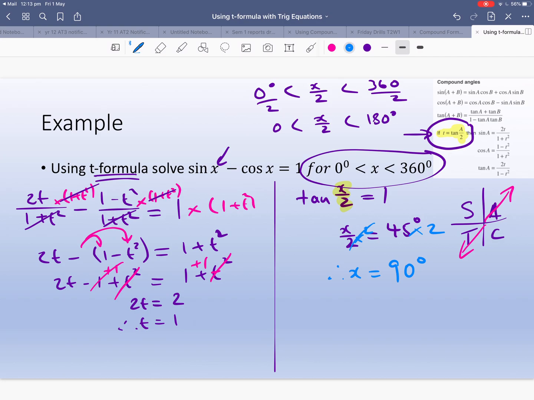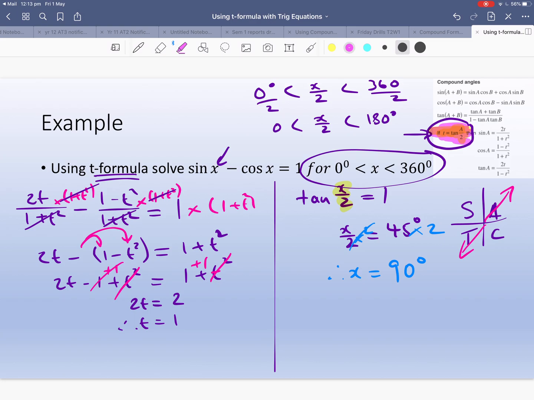Okay. Now there's one caveat with this solution. So we've got our answer. We think we're 100% right. But there's one thing we've got to know. Because we used this thing, which is tan equals x on 2, there's a few answers that tan gives us that there's no answer.